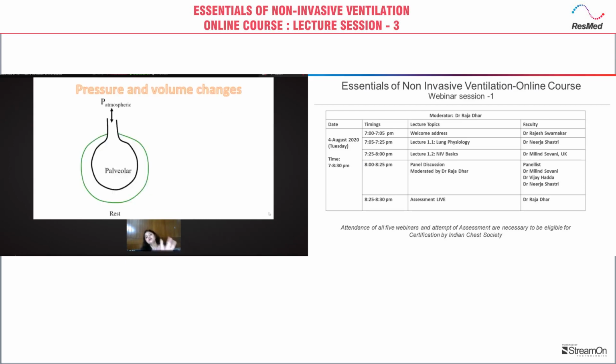So this is your normal when no air is flowing. Here the pressure inside the lungs and the pressure outside, the atmospheric pressure, are equal. But during inspiration, the air has to flow in. Contraction of the muscle increases intrathoracic volume, and by Boyle's law, volume and pressure are inverse.